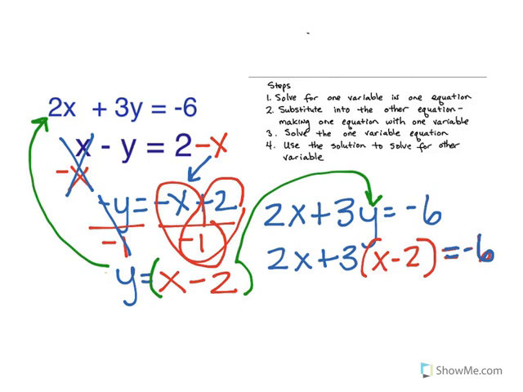So now our equation, we can just solve for x because we don't have two variables. We only have one variable, which is x. So the whole equation only has x's. So now we can solve for x.